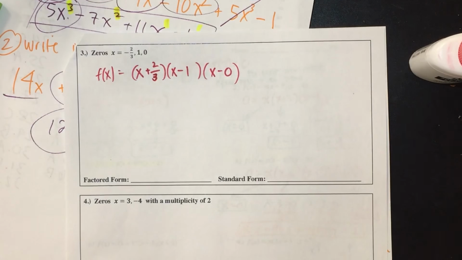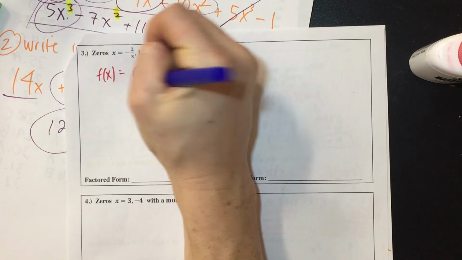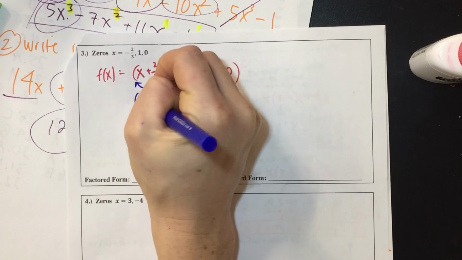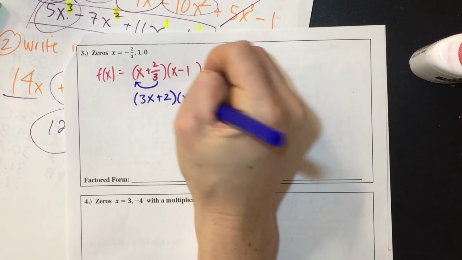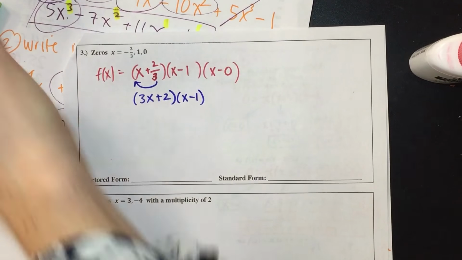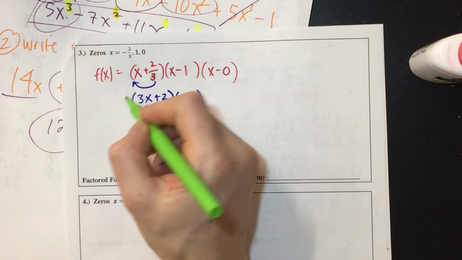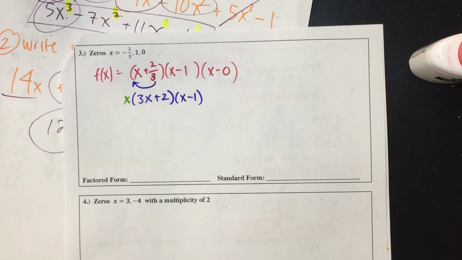Y'all remember slide and divide? Everybody's favorite. I'm just going to slide the 3. So this is going to be 3x plus 2. X minus 1 stays. And then again, personal preference. Instead of leaving the x at the end, I like to write it at the beginning. But it's all the same.